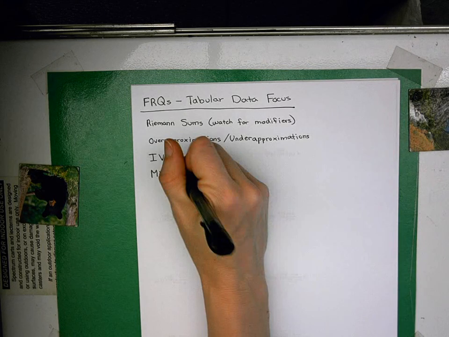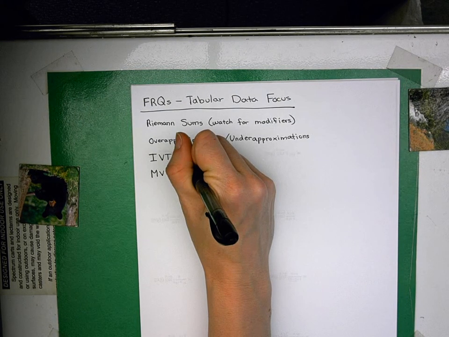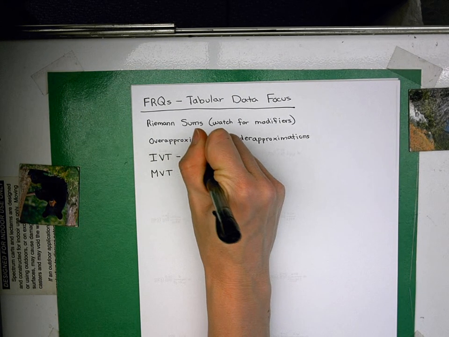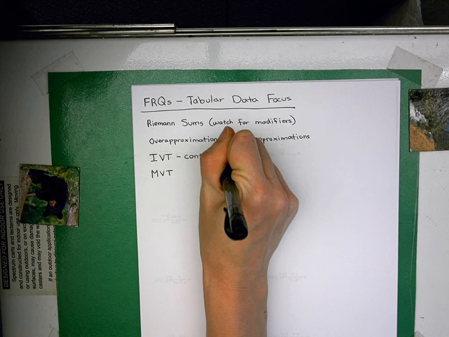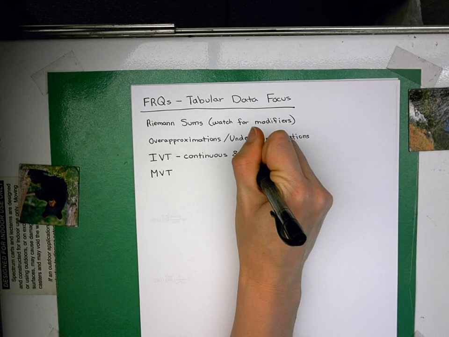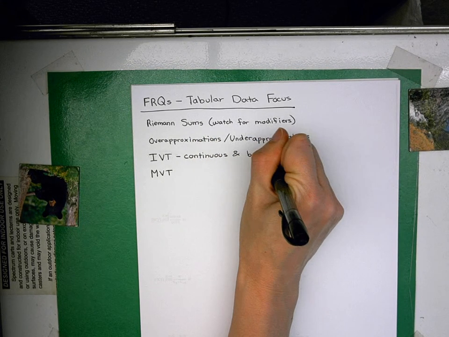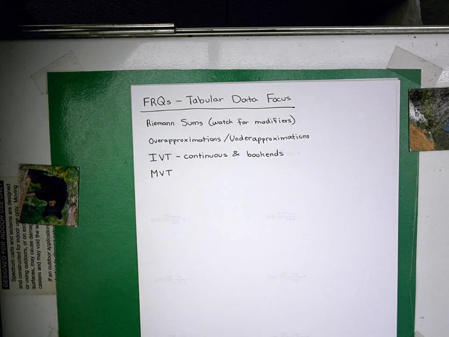With IVT, it is important that you articulate that the function is continuous, and that you have bookends. We actually brought this back during our particle motion unit. In the first table, as we were walking through all the definitions in particle motion, I asked the class, can we guarantee that the velocity equals 0 somewhere?